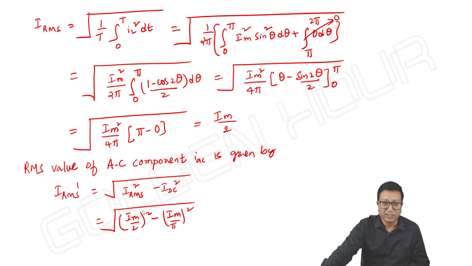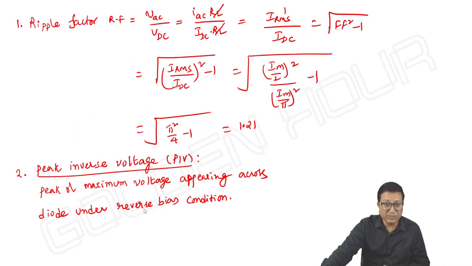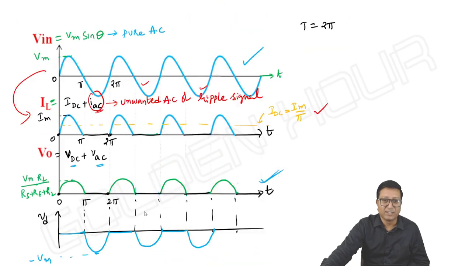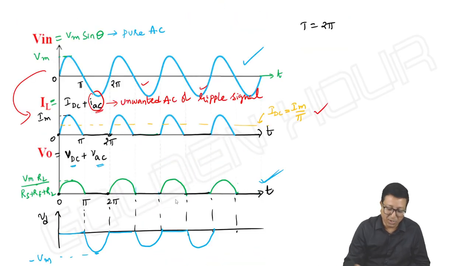Okay, it is fine. So during negative cycles the diode is objecting. If the diode doesn't object during negative cycles, then you will get some output voltage during negative cycles also, something like this. We do not know what comes. As the diode is not allowing that, what about the average value? IDC will be less than Im by pi, or VDC will be less than Vm by pi, if the diode conducts during negative cycles.